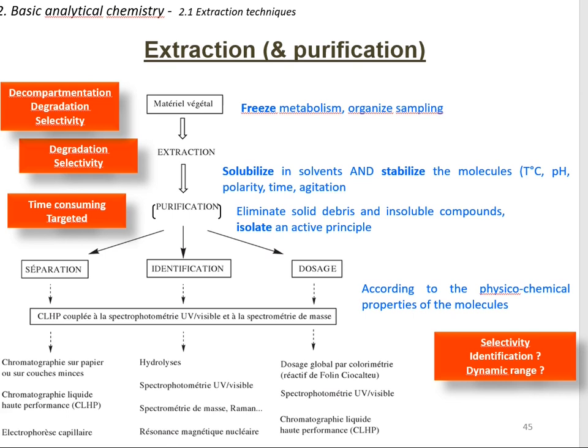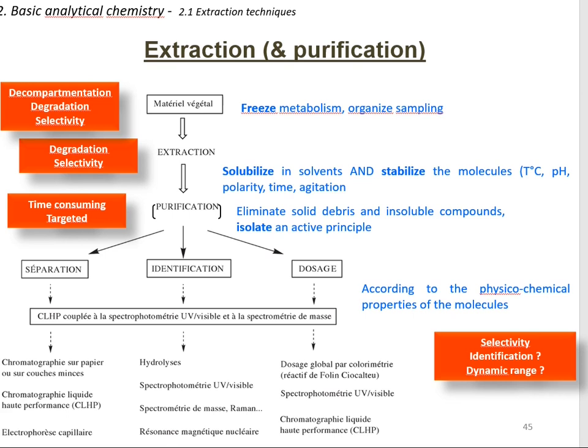The choice of the techniques will depend on your equipment, but also on the physicochemical properties of the molecules. Especially LCMS or GCMS will be used depending on the size of the molecule and their ability to be volatilized.